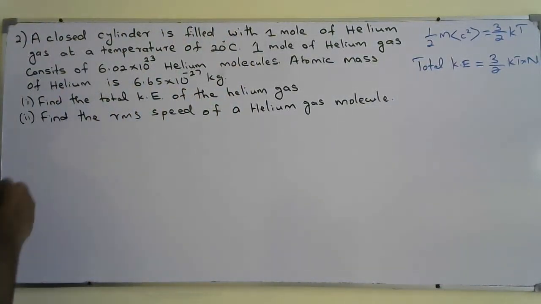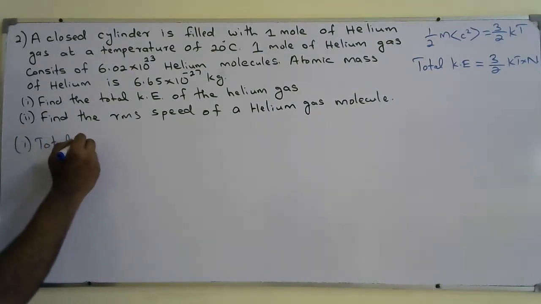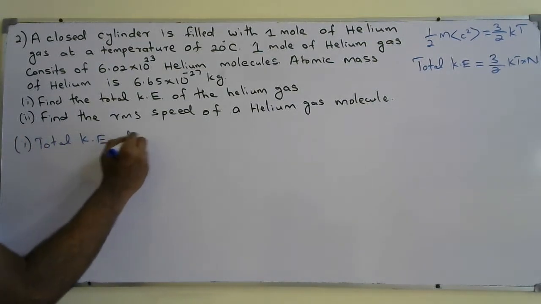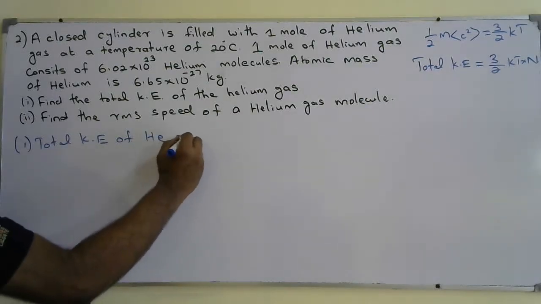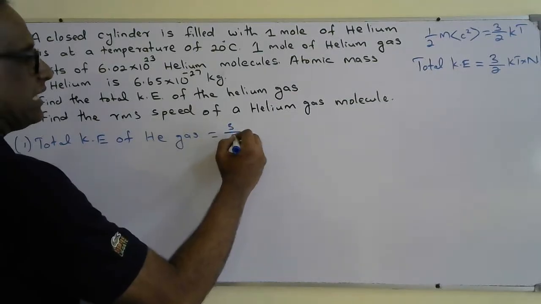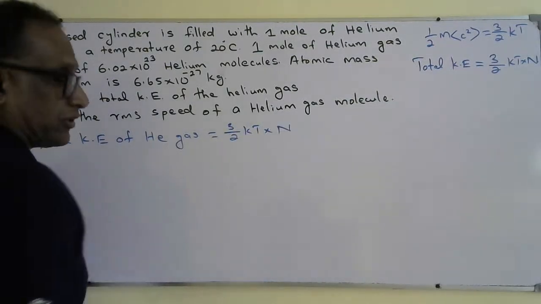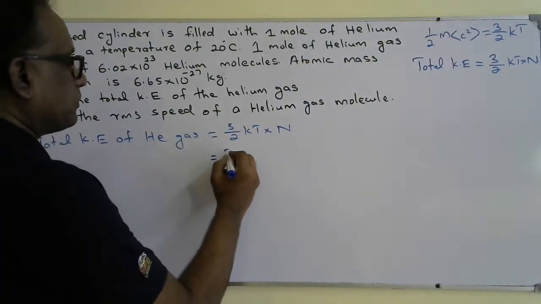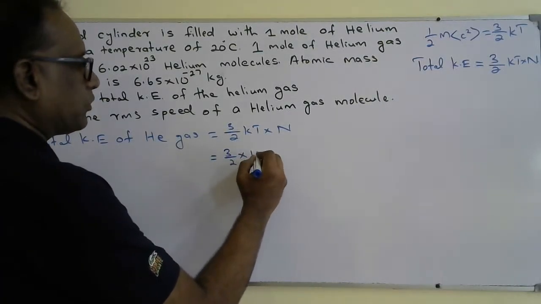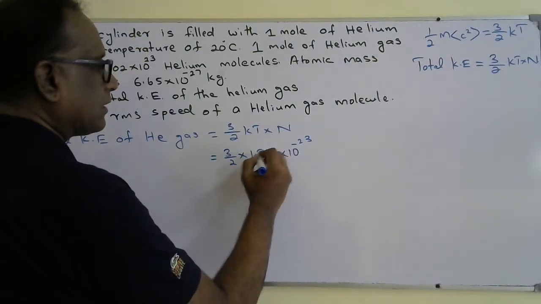So first part, kinetic energy of helium gas in the container is equal to 3 by 2 kT into Avogadro number of molecules. So that is going to be 3 by 2, k is 1.38 into 10 to the power minus 23.